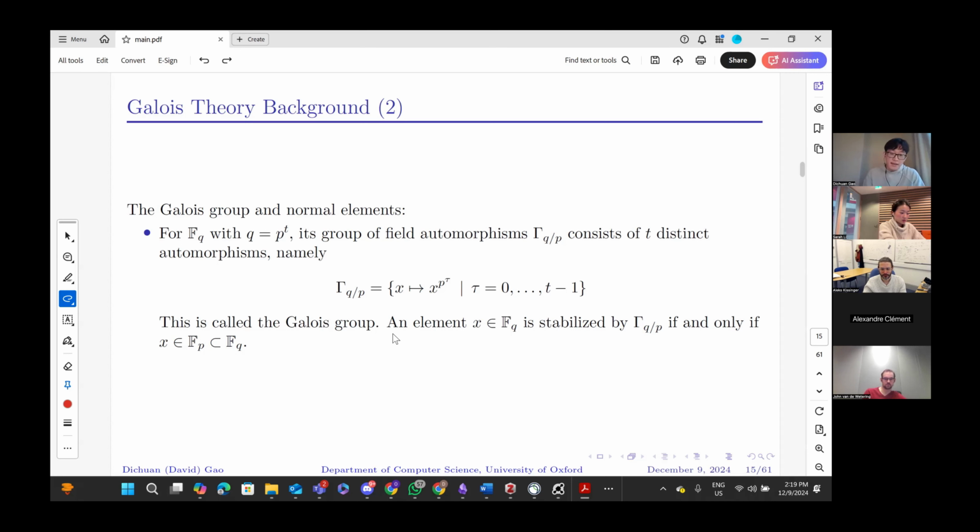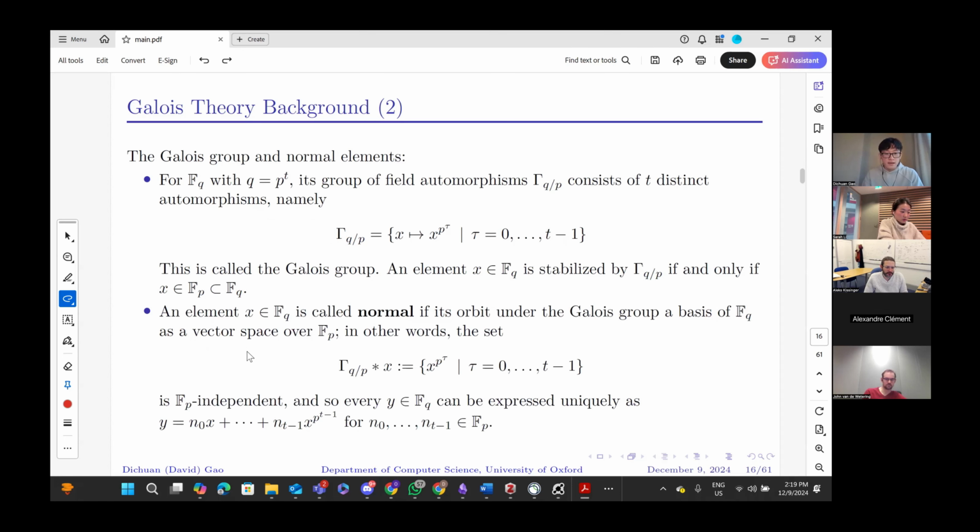And an interesting thing is that an element of the big field Fq is stabilized by this group of automorphisms if and only if it's actually within the smaller field Fp. It's actually within the prime field. And we call an element normal if its orbit under the Galois group is a basis of Fq. So you can think of it in a weird way as sort of normal to this Fp contained within Fq.